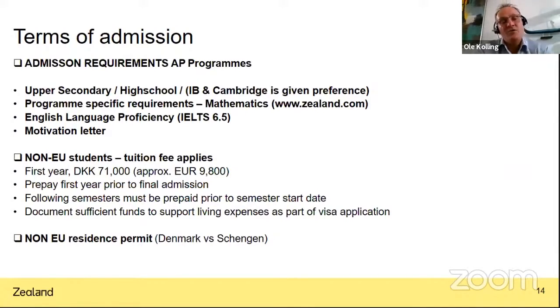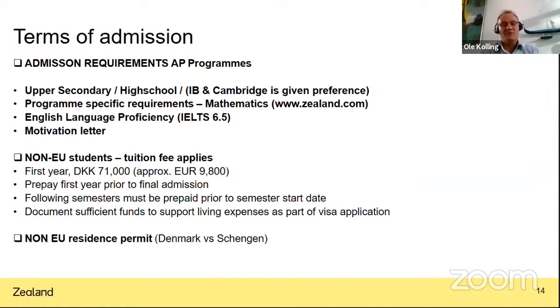And then also when you apply for your student visa, or in Denmark it's actually a study residence permit you apply for, you also need to be able to document that you have sufficient funds to support living expenses in Denmark for the first year. And typically you would do this with a bank statement or that you have sponsors or something like that.